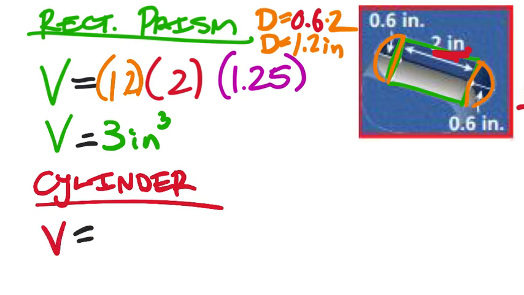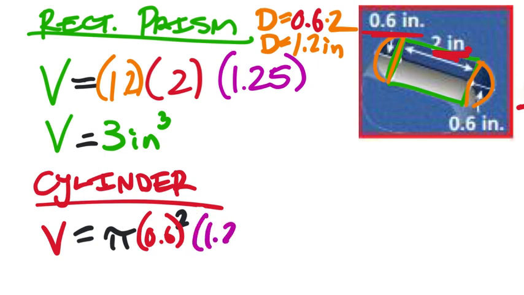So the volume of the cylinder is found by taking pi, multiplying it by the radius to the power of 2, and the height. And the radius was already given at 0.6, so I can replace my radius with 0.6. And the height, again, that's the depth of this foam board, which, again, we know is 1.25 inches. So I can put this into the calculator.